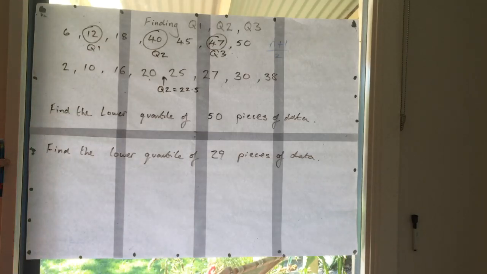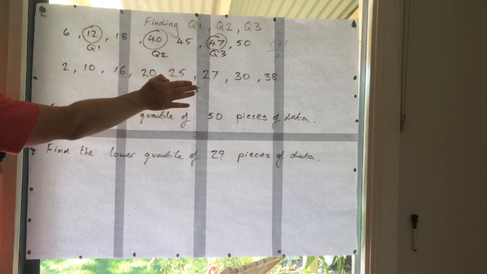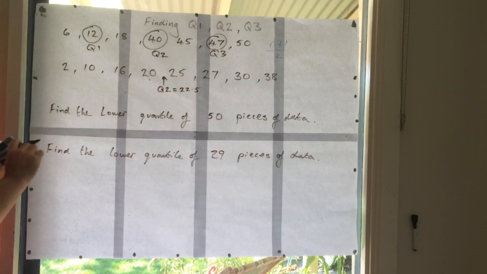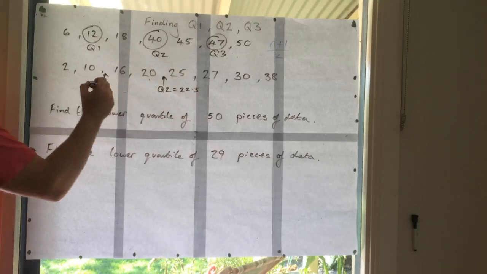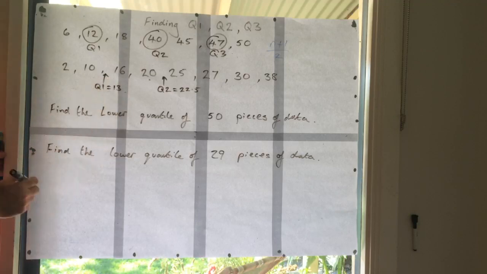Okay, now I'm going to find Q1. So I cover this up. How many bits of data to the left do I have? I've got 4 bits of data. 4 plus 1 is 5, divided by 2 is 2.5. So Q1 here is going to be 13.